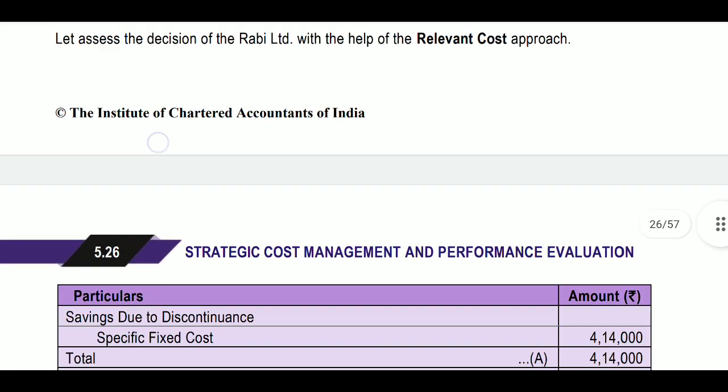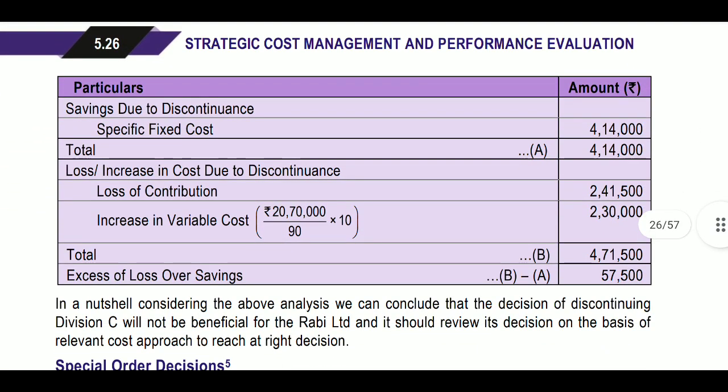Let's see the relevant cost here. Saving due to discontinuance: specific fixed cost will be 4,14,000.